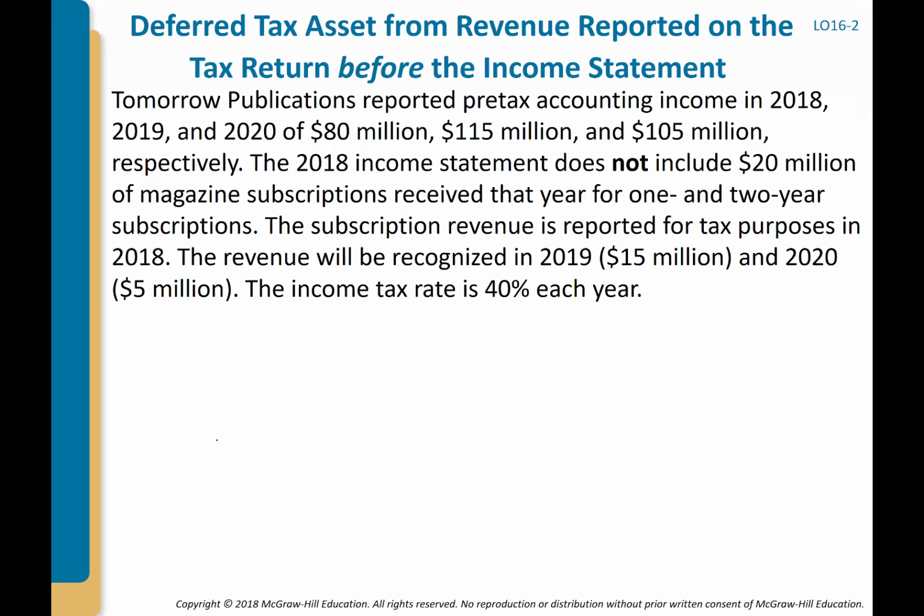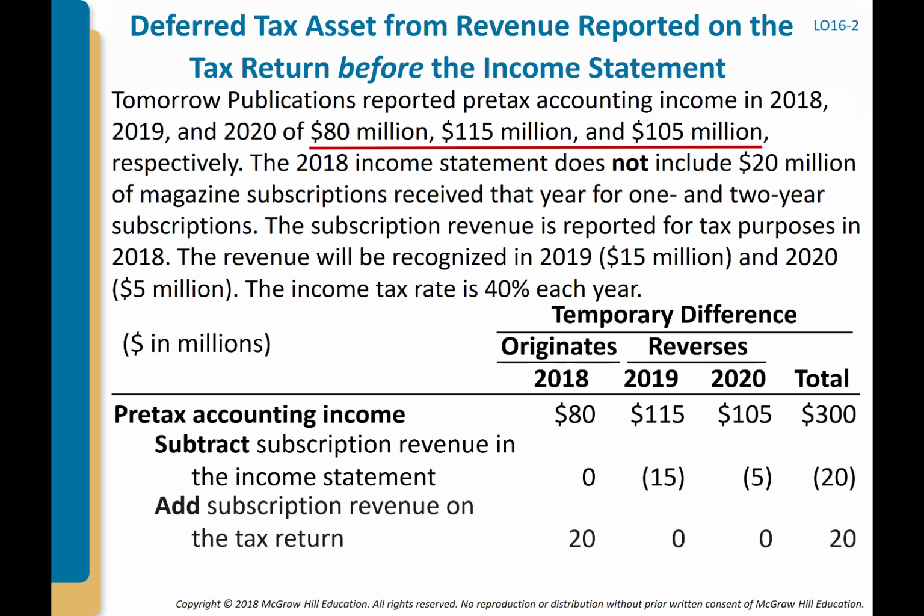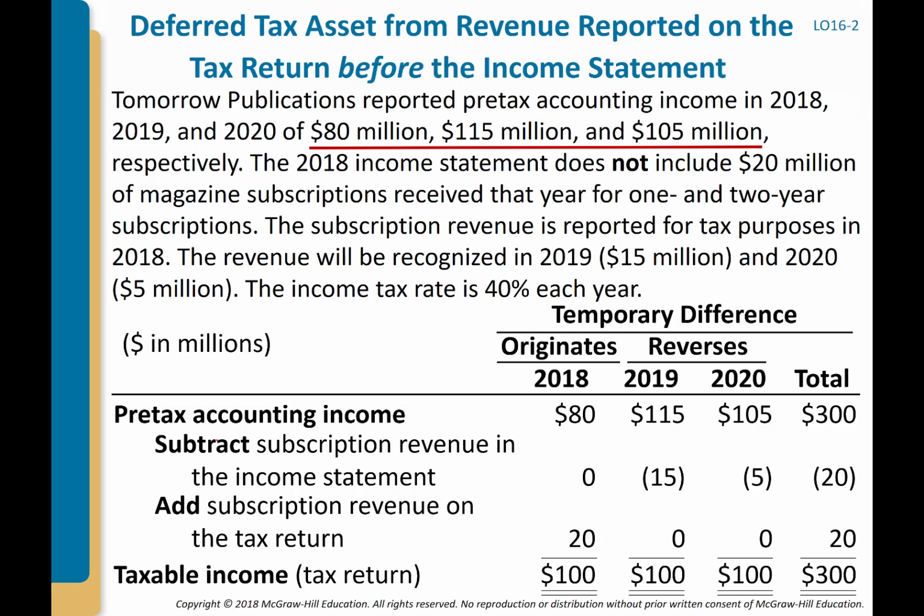So we have these different amounts, and notice that our pre-tax accounting income is 80, but we took 20 for this subscription revenue. People paid us for their subscriptions in advance, didn't they? We sat there with this 20, but we're not going to earn that until later on as time passes and people get the magazine subscriptions.